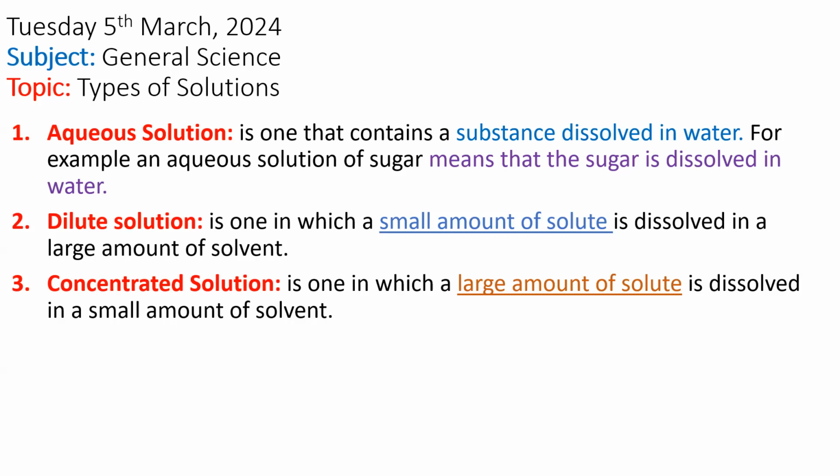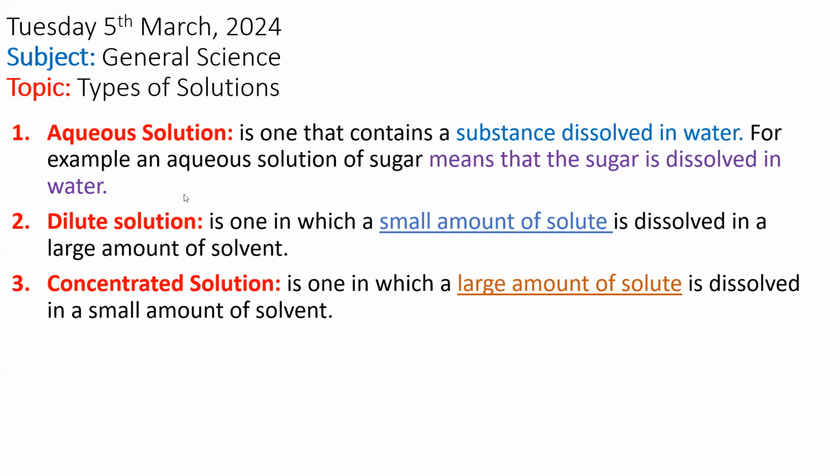Udon, where's Udon? Right here, sir. What's the name of the solution that has a large amount of solute? Concentrated solution. Very good. And Dante, where's Dante? Dante, are you there?